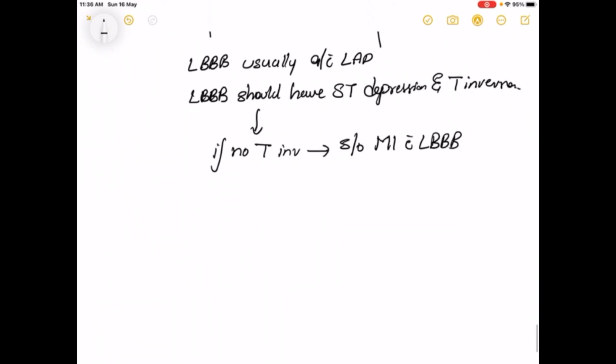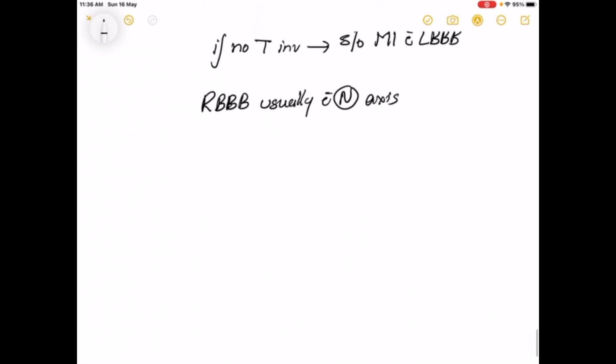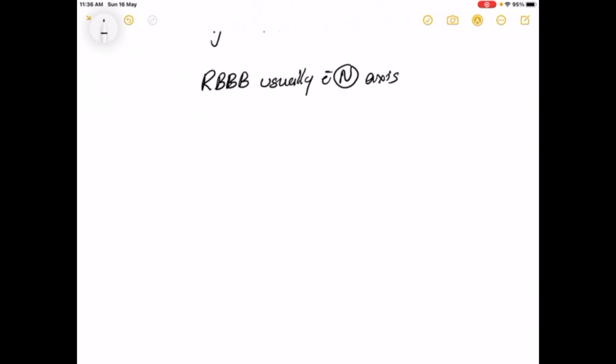So left bundle branch block is usually associated with left axis deviation, whereas right bundle branch block is usually with normal axis. In certain scenarios, it is associated with axis deviation. Let's see what it is.